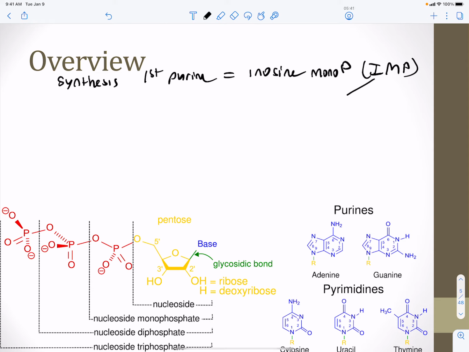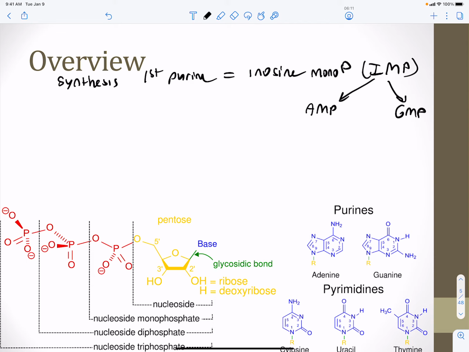So from inosine, you'll get AMP and you'll get GMP. Now, the enzymes in this pathway are going to be deaminases, kinases, phosphorylases, and you also have a hypoxanthine guanine phosphorylase involved in this. So there's a lot of things involved in your purine synthesis.